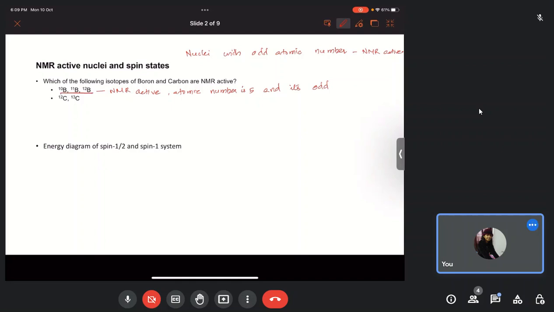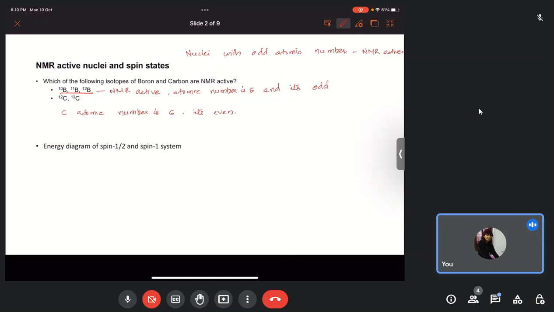In case of the C12 and 13C isotopes of carbon, the atomic number of carbon is 6, and it is even.